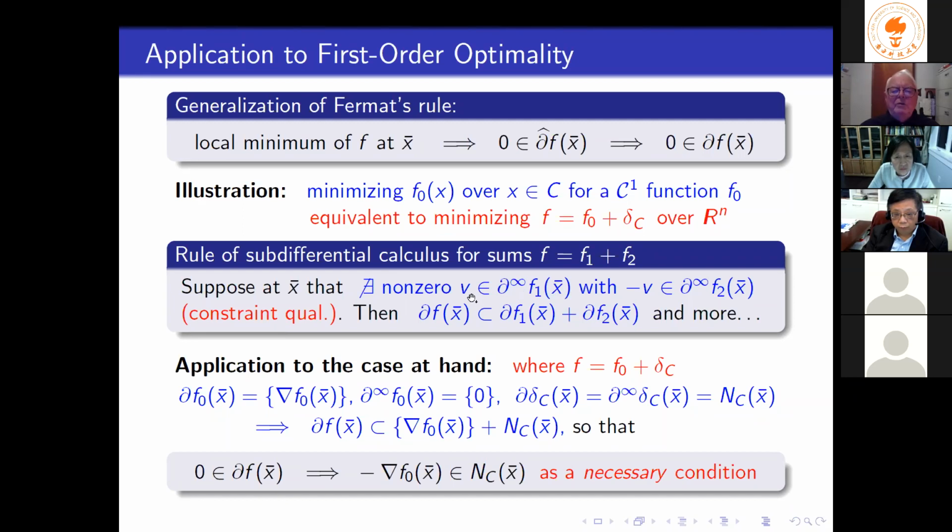There should be no normal vector to the one whose opposite is in the normal cone to the set C2, because that would mean that this vector V would define a separating hyperplane there. So sets shouldn't be separated. And so that's the nature of the constraint qualification.